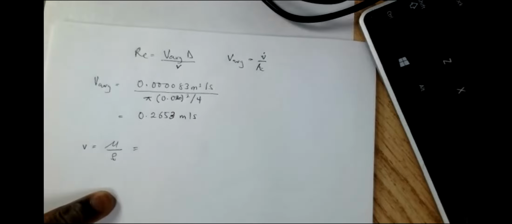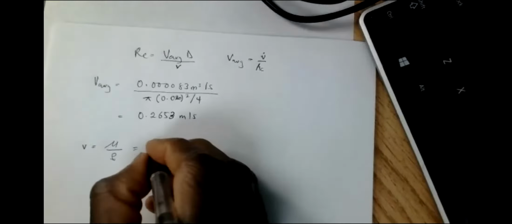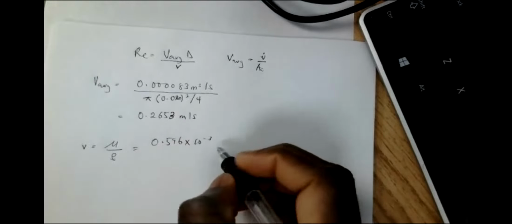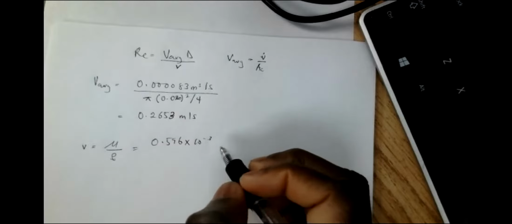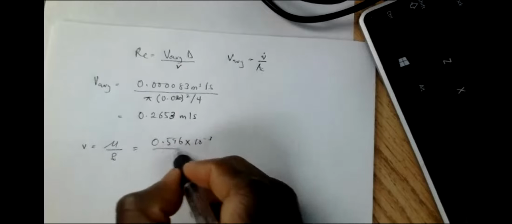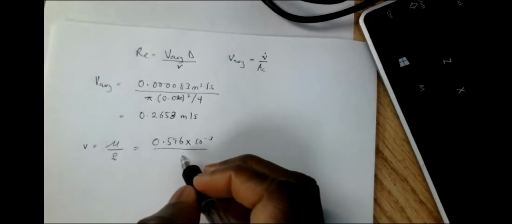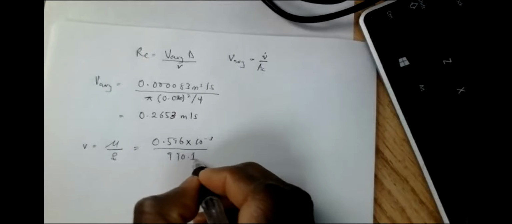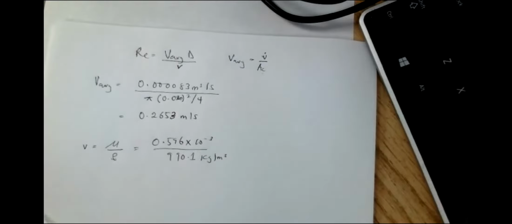And we have this from the tables, some of the values are pulled out of our table to be 0.596 times 10 raised to the power minus 3, all this divided by our density, which is 990.1 kilogram per meter cube.